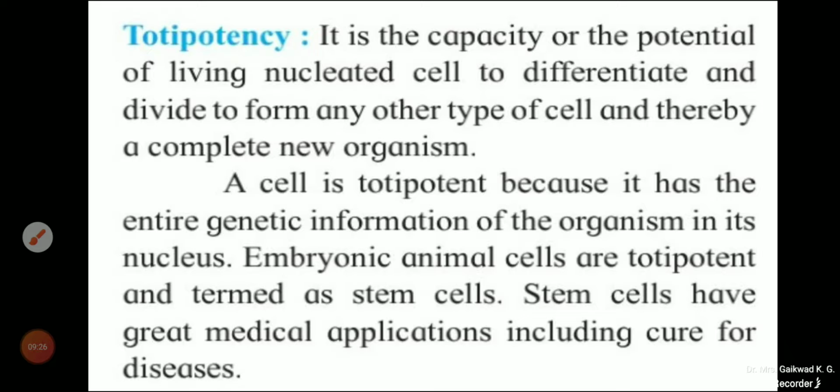Totipotency means the capability, capacity or potential of a living nucleated cell to differentiate and divide to form any other type of cell. From this we can conclude that a single cell, whether our somatic cell or germ cell, has the capability of forming a fetus.